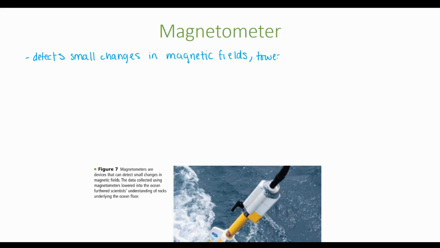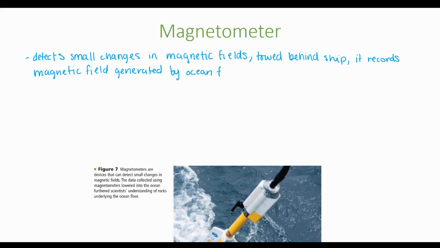When it's towed behind a ship, it records the magnetic field generated by ocean floor rocks. One thing to know is that this technology actually came about because during World War II, it was being used to detect submarines.